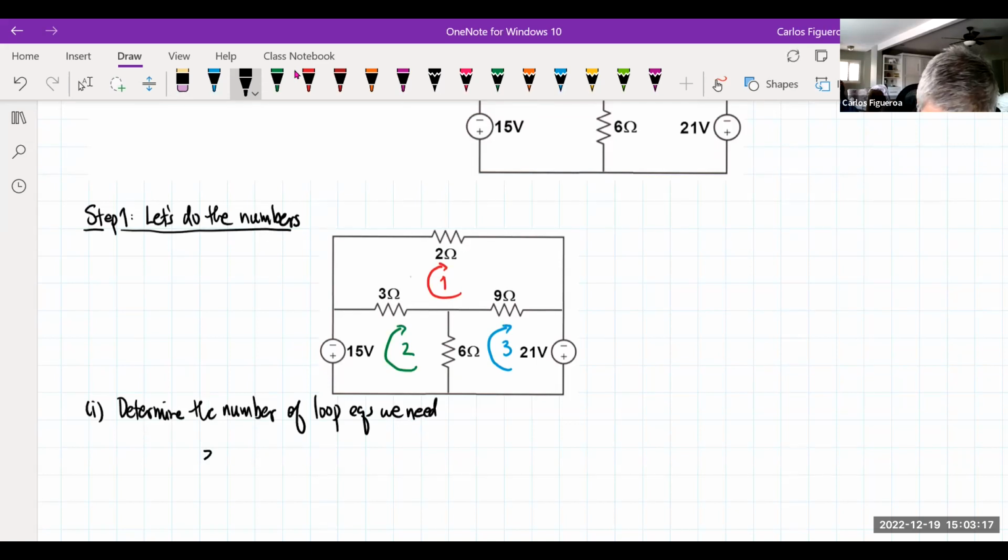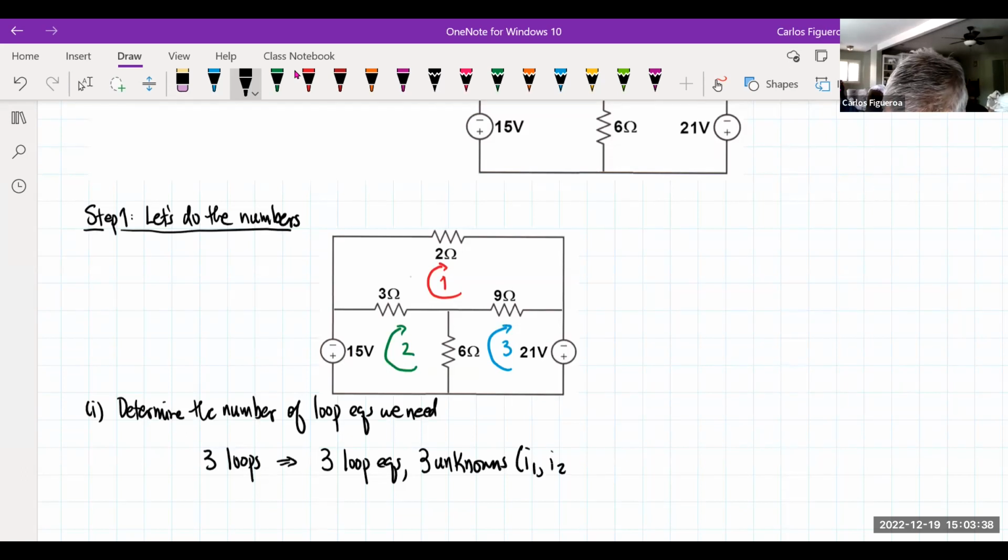Since we have 3 loops, that means I'm going to have 3 loop equations and 3 unknowns. And since I've already identified 1, 2, and 3, my unknowns are going to be I1, I2, I3. So everything has to be calculated from these 3 loops.